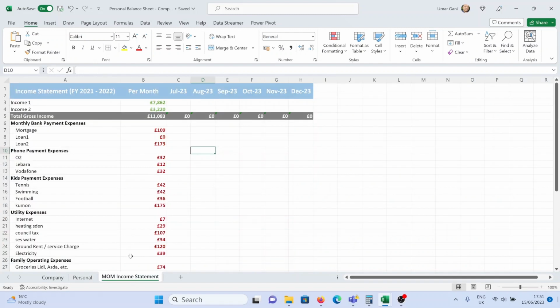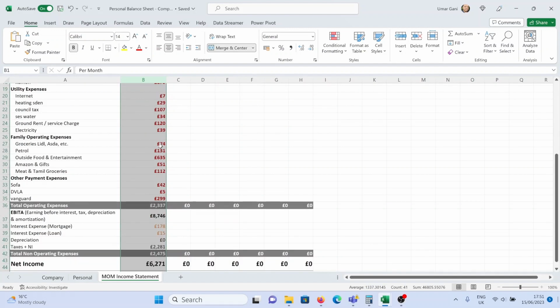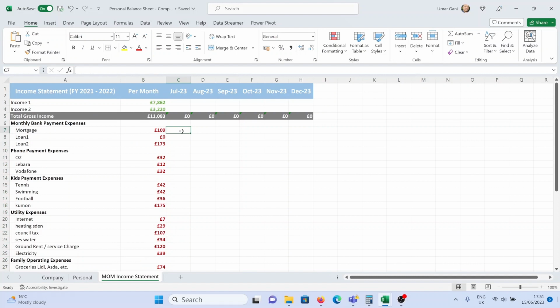Similarly, I've built an income statement which I use to track my expense month-on-month. I just keep adding those expenses and see how well I am keeping to the current budget I have. This can be further divided into line item level. Probably I'll show that in another video.